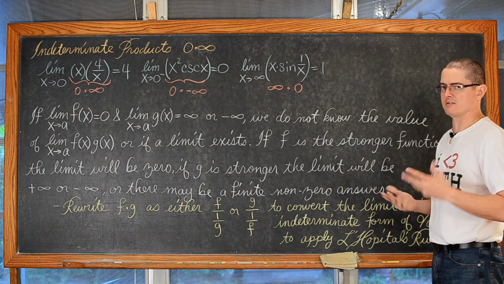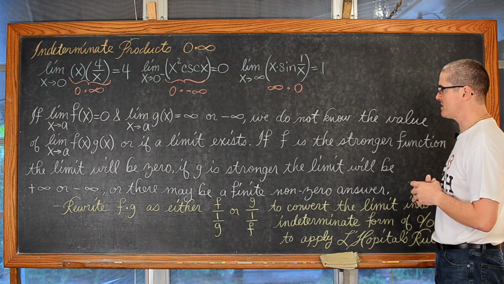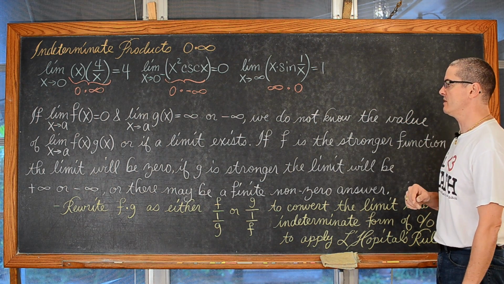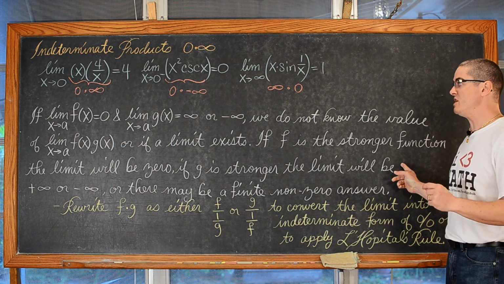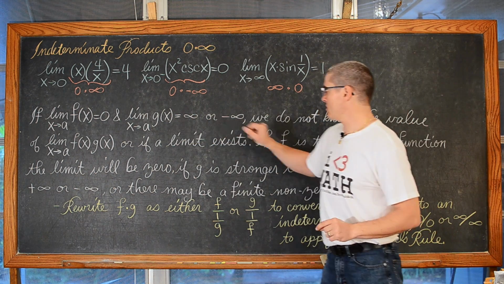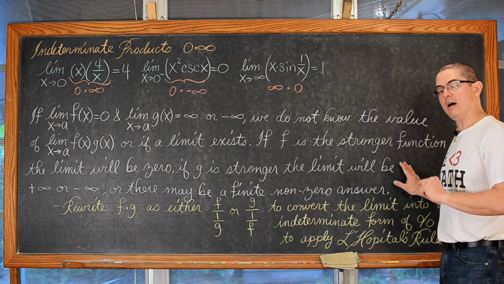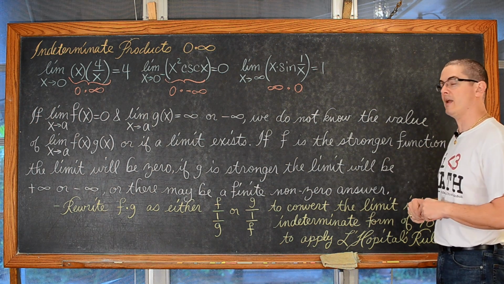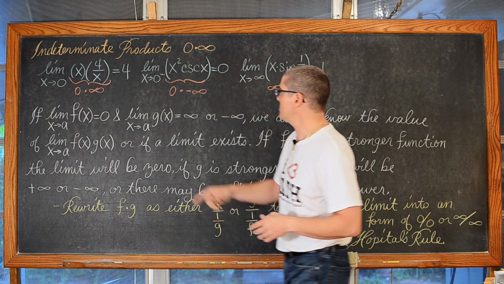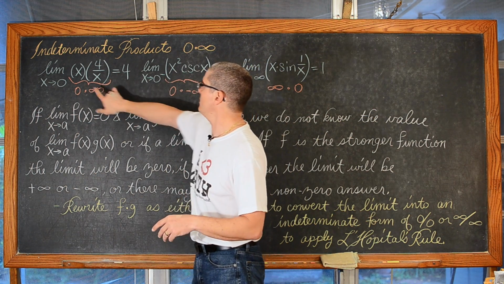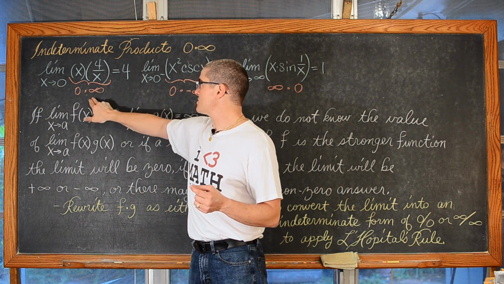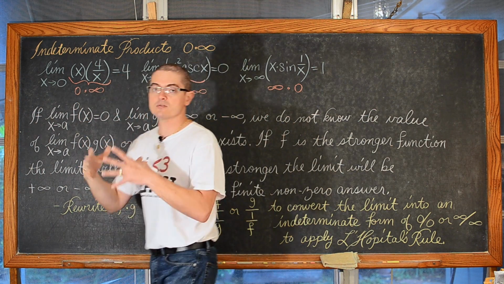All of these three examples have real limits, but if f is the stronger function, the limit will be 0. If g is the stronger function, then the limit will be either positive infinity or negative infinity, or there may be some finite non-zero answer, some kind of balance between these two functions. Like we had here, there was some kind of balance reached between these two functions. First one going to 0, the second one going to infinity, and they balanced out to be a value of 4.